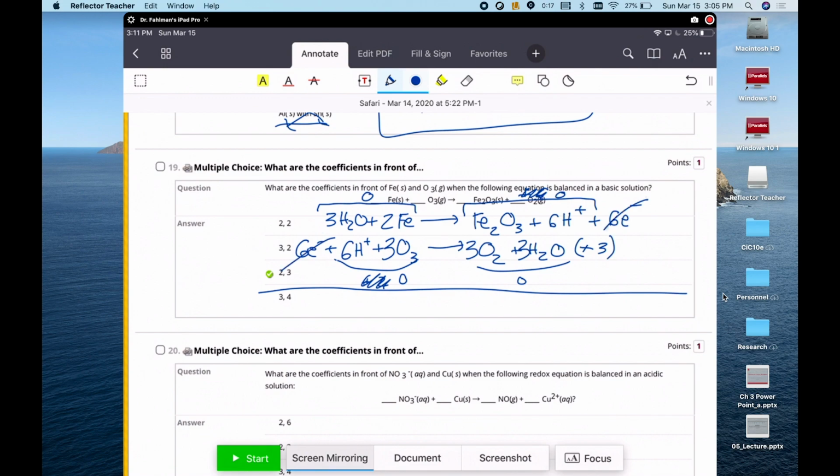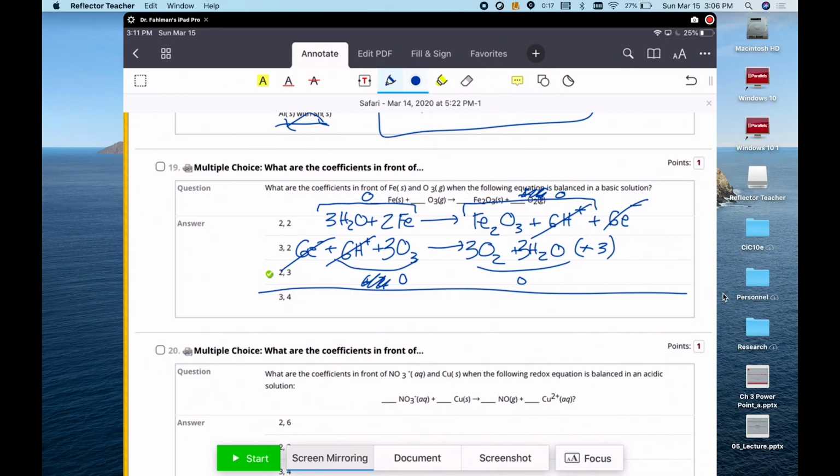The electrons cancel, and now we just write whatever is left. In this case, the protons cancel too, actually, and the waters. Wow, that makes it pretty easy.